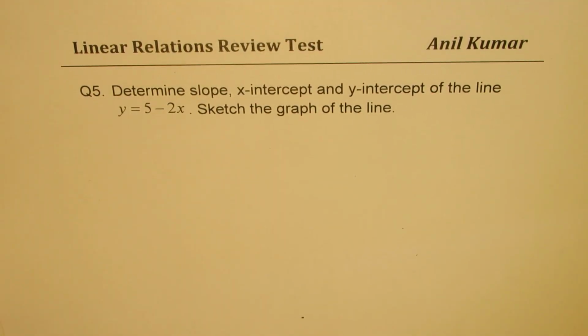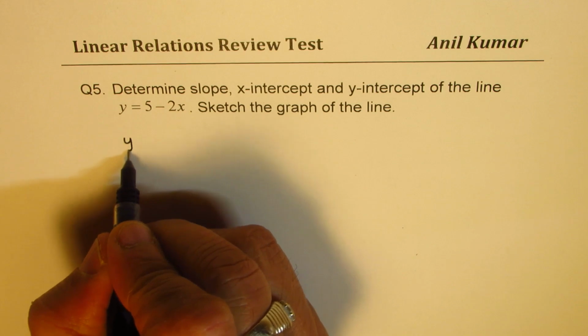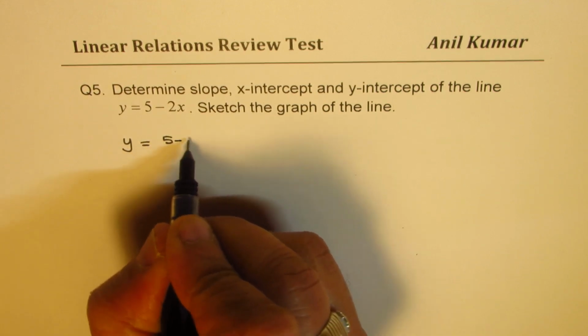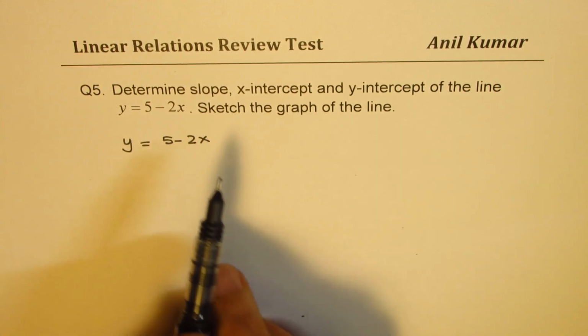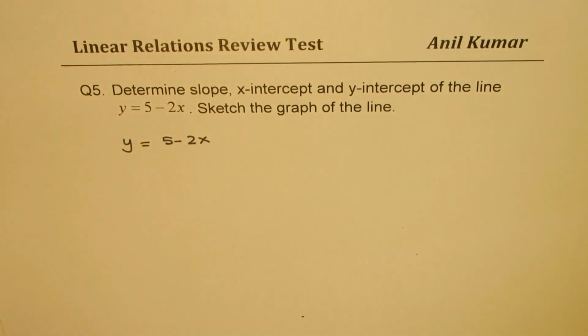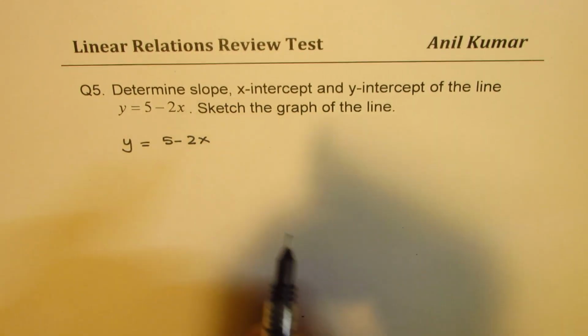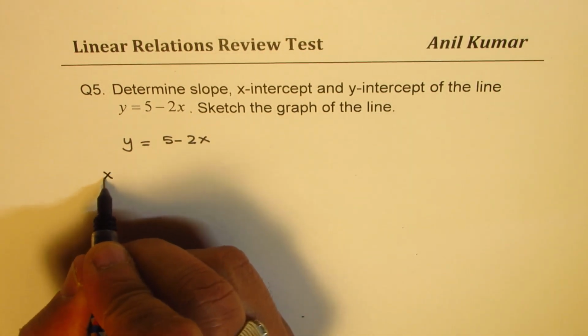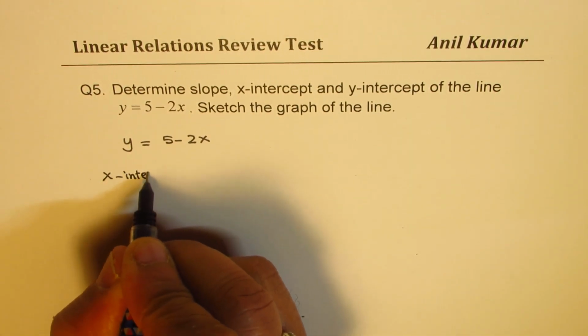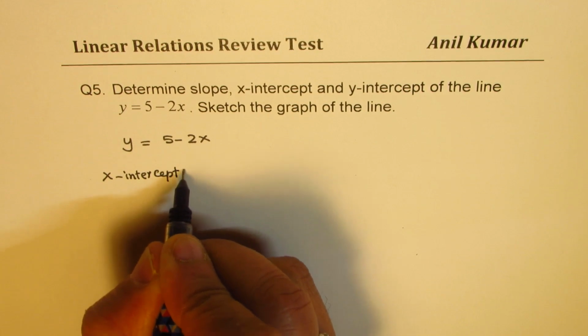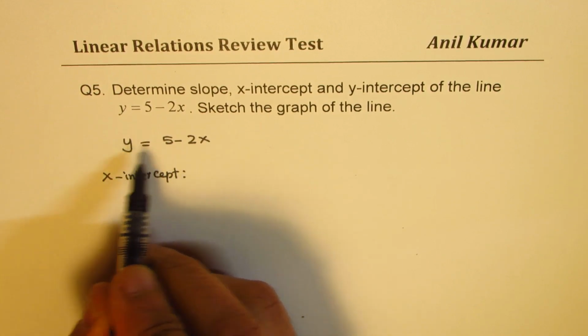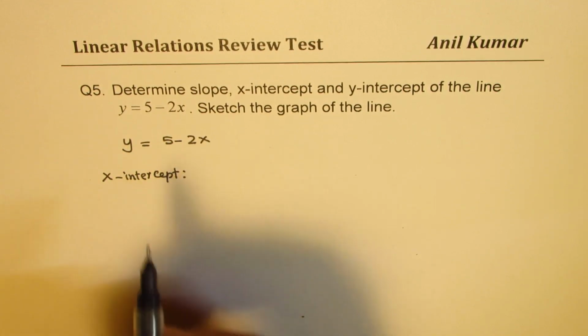Question number 5. Determine the slope, x-intercept and y-intercept of the line y equals 5 minus 2x. Sketch the graph of the line. So let's begin with the x-intercept. Now how do you find the x-intercept? The x-intercept is a point where the line crosses the x-axis.